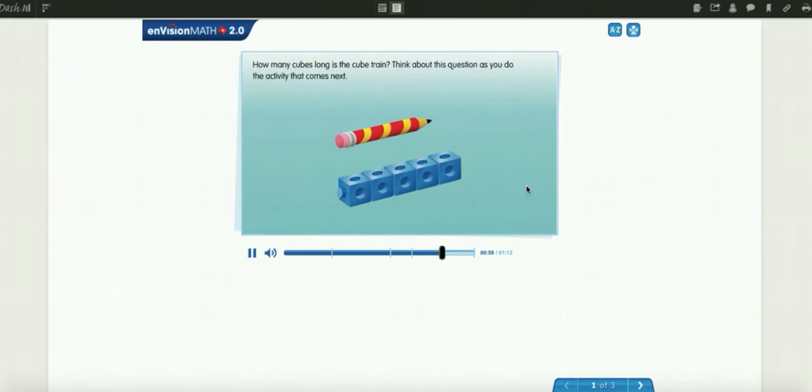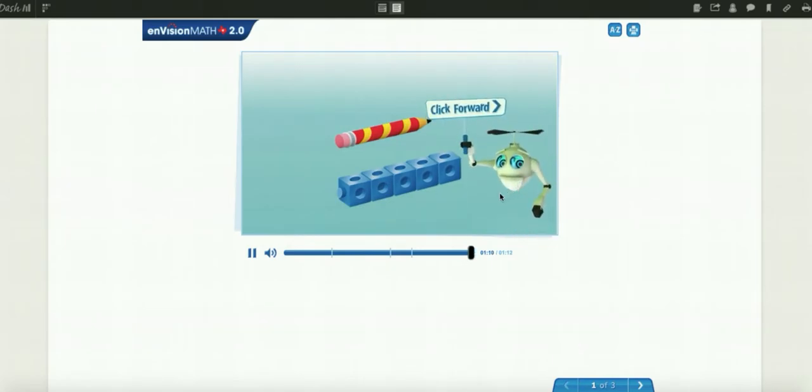Think about this question as you do the activity that comes next. We can count them to see how long. 1, 2, 3, 4, 5. The cube train is 5 cubes long.